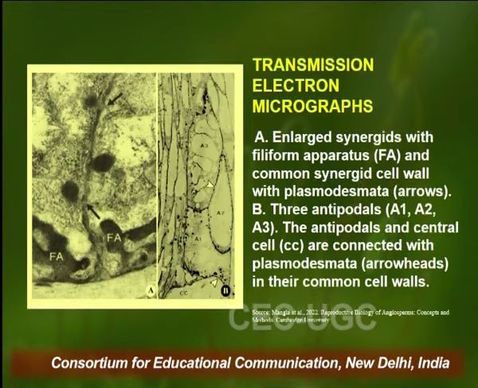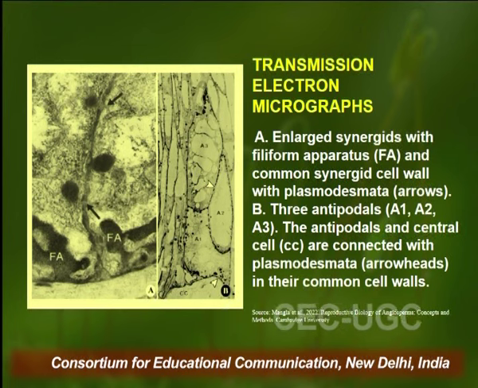Another transmission electron micrograph shows two enlarged synergids, and the darkly staining structure is the filiform apparatus, and the common wall between the two synergids is also evident, shown by the arrows. In the second picture we see three antipodals labeled A1, A2 and A3. The antipodals and the central cell are also connected with plasmodesmata. Here, these connections are shown by the arrowheads, in their common cell walls.